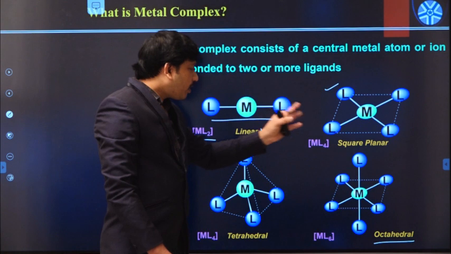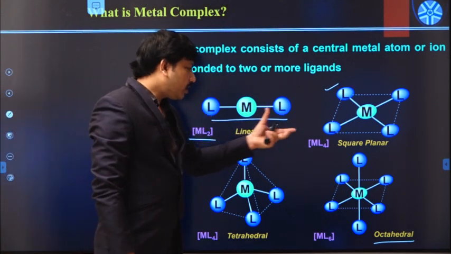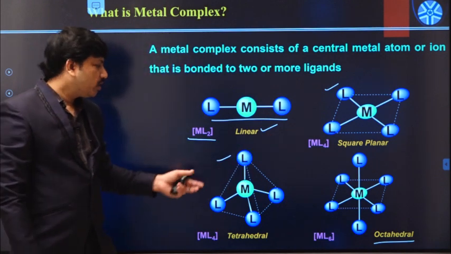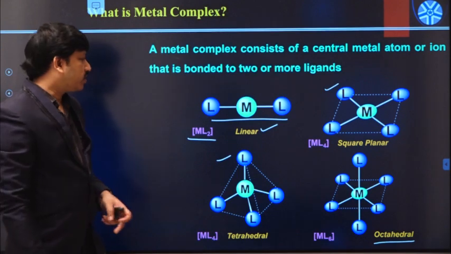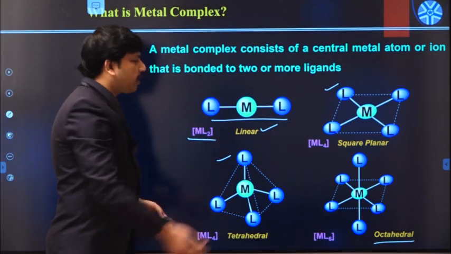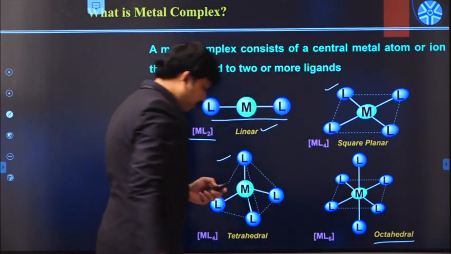We have to understand all these things by looking at the bonding involved and the formation of the metal complex. So this is something about the metal complex, and I want to discuss a little bit more about the octahedral metal complex.